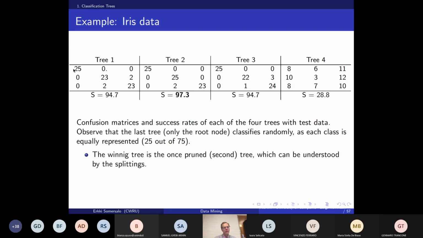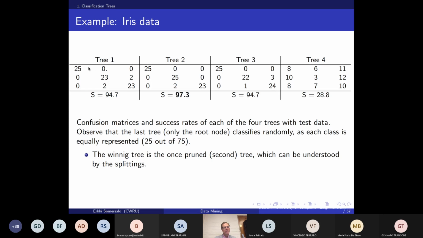So obviously, tree 1 is classifying every class 1 data point into the correct class. Of the 25 points which are in class 2, 23 are classified correctly and 2 are classified incorrectly to class number 3. Similarly, of the class 3, 23 are classified correctly and 2 are classified incorrectly.